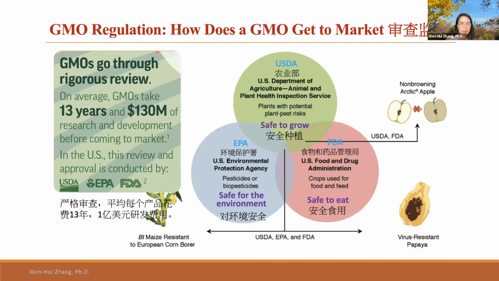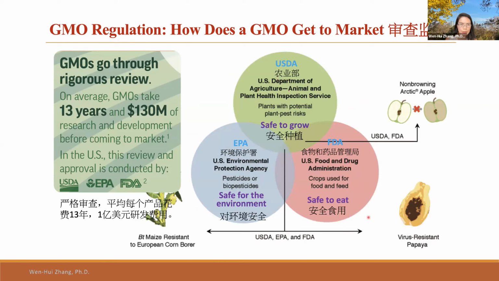Okay, so the GMO regulation is by three departments: the US Department of Agriculture, to make sure it's safe to grow; the Environmental Protection Agency, the EPA, to make sure it's safe for the environment; and the US Food and Drug Administration, which regulates GMOs to make sure it's safe to eat.